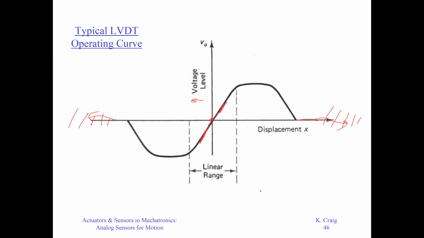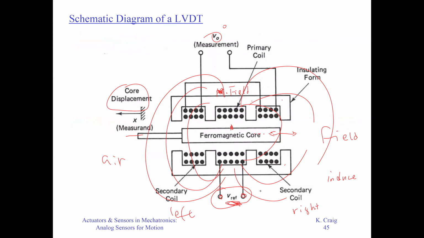What we want is called the linear range, and you only have a valid range until here. I hope this makes sense to all of you about the LVDT.